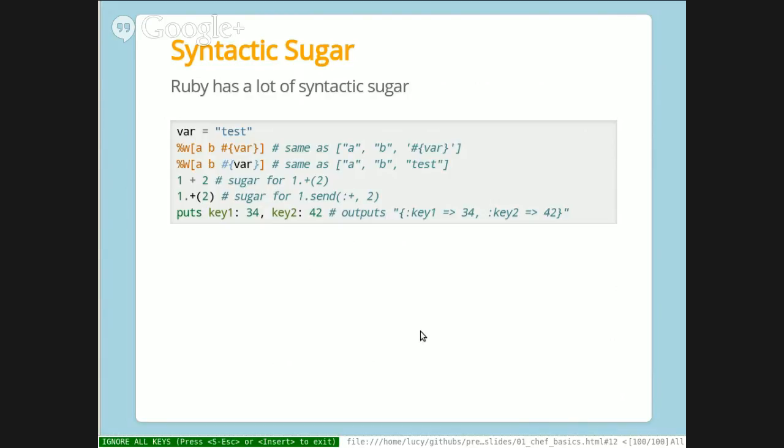So one thing that Ruby does that's really cool. What's the name of these again? It's the string thing, the percent. It's a type of string interpolation.